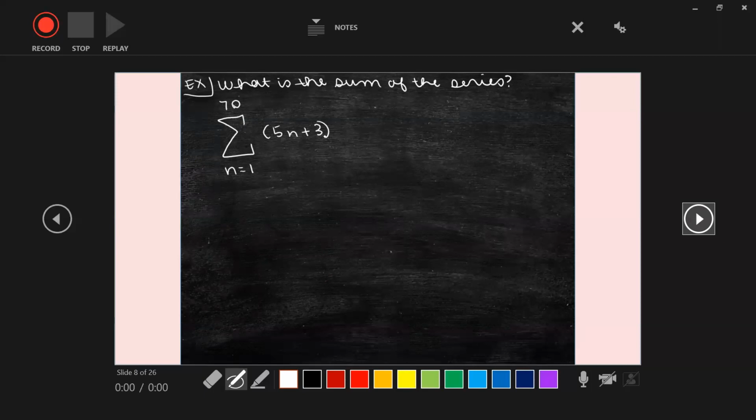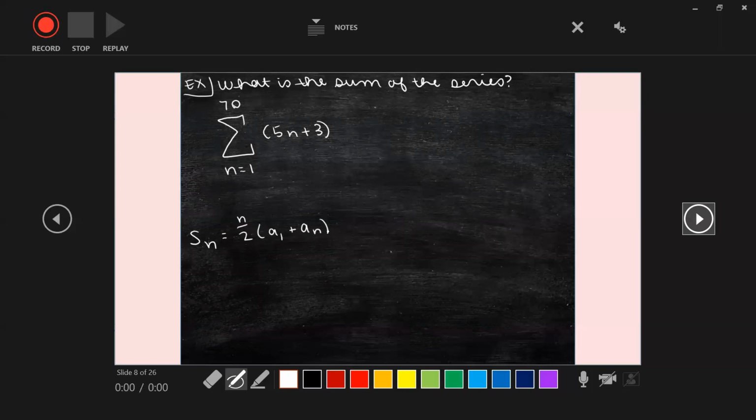Can anyone tell me the sum of a finite arithmetic series, what that formula is? I'll go ahead and tell you it starts out with S sub n. It was on our quiz. Very good.